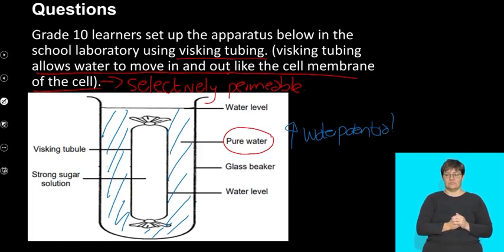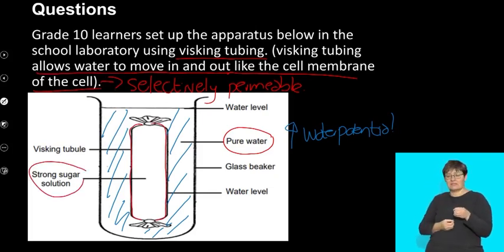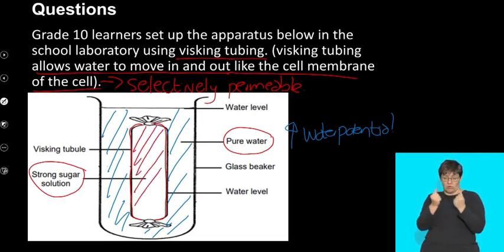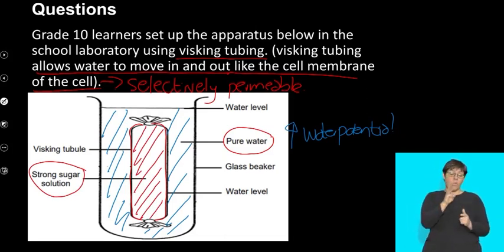Now, if I change my colors back, I have put a semi-permeable membrane, this little visking tubing, and inside here I have made a strong sugar solution. So here I've got this concentration gradient. I've got water on the outside, and inside, in this little sack, I've got the strong sugar solution.